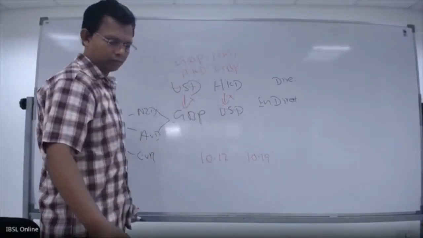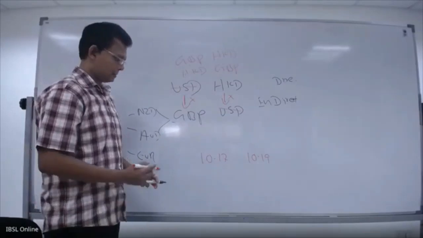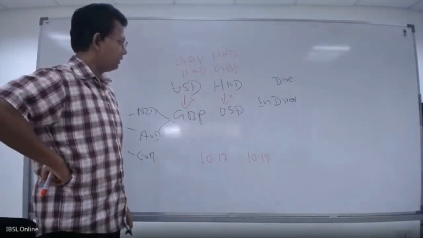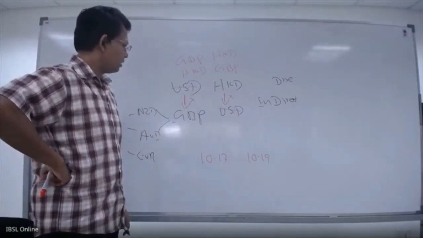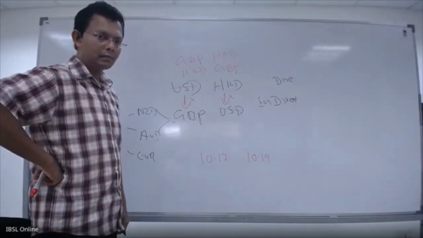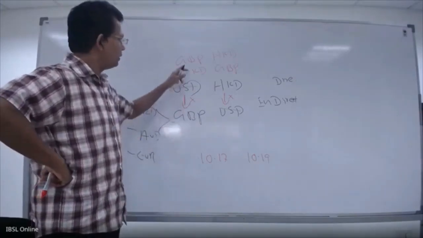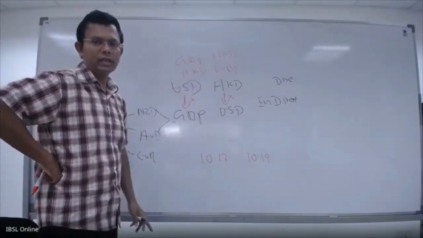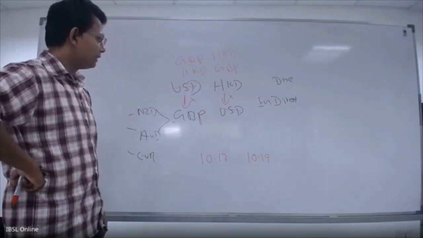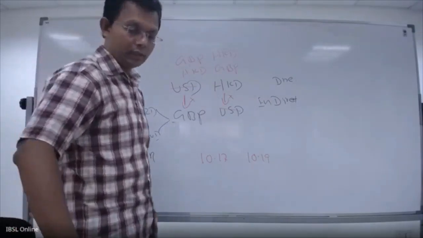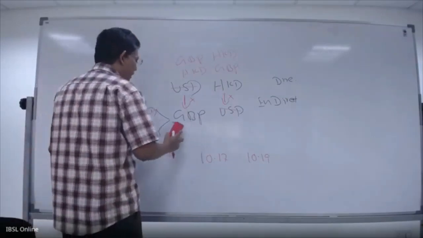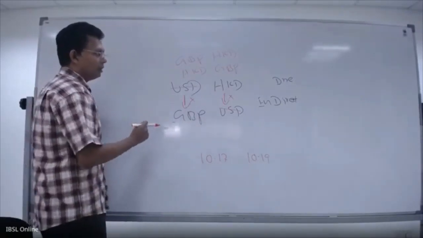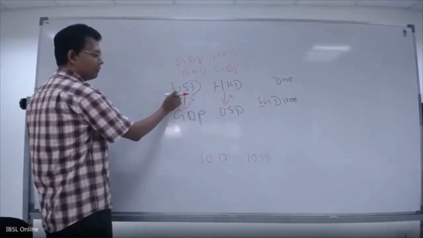So this is the answer you got: 10.17 and 10.19. Now how do you decide whether it is 1 GBP to HKD or 1 HKD to GBP? How do you decide that? What you can do in the exam, if you are not familiar with these two pairs, is always bring the given scenarios to a common platform.